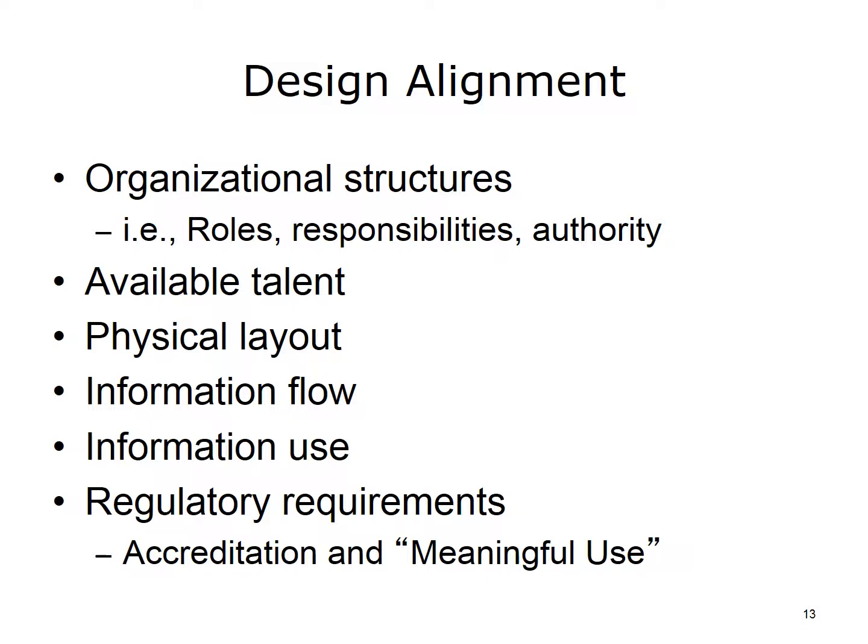Information use can be assessed by assessing each task to see if the needed information is available, and if the representation by the information systems adequately supports the task. Regulatory requirements, such as meaningful use and accreditation, have required reporting which may vary by specialty area and by state. Regulatory requirements can be assessed by asking clinic leadership what regulations apply to the clinic and by a gap analysis between the requirements and the proposed process.